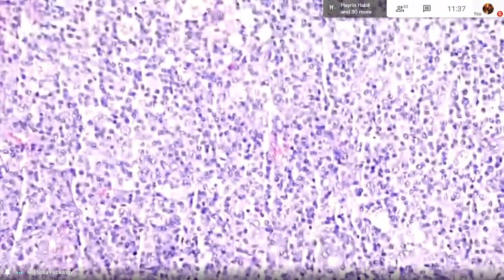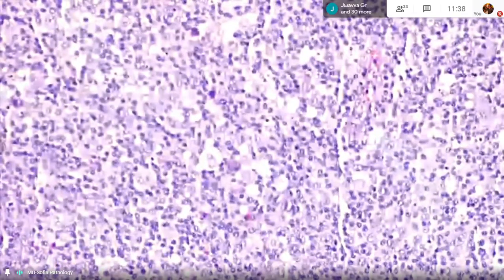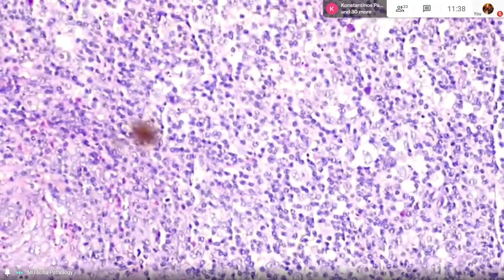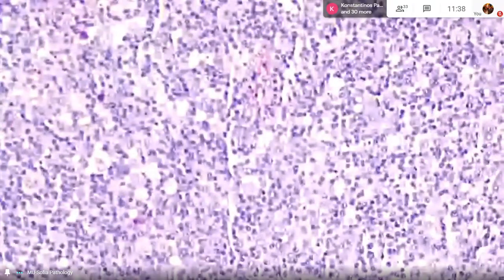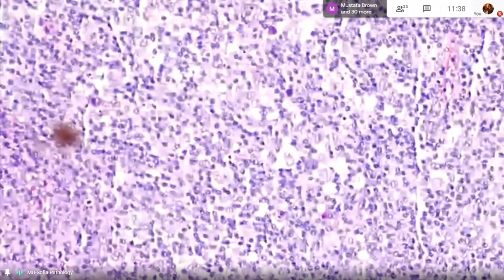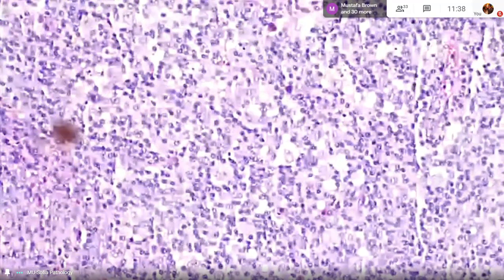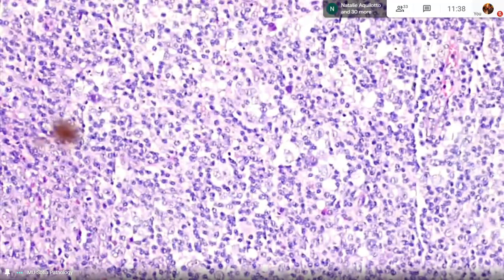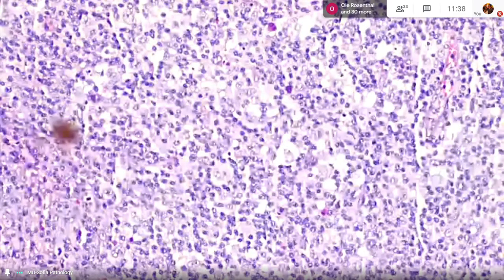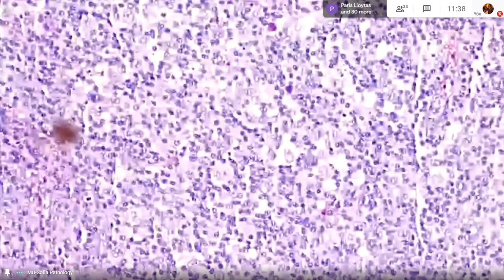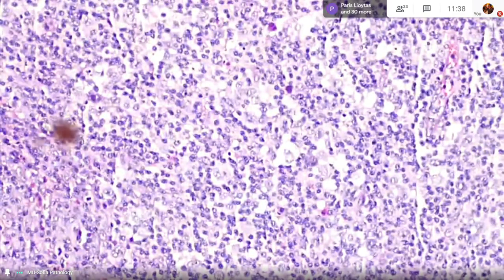So, what are the cells that we see now? Can you try to describe them? I'll stop somewhere. I just want to find a good area for that. Okay, this is good. So, what are the cells that we see? Alexandra, can you try? So we see many lymphocytes. Okay.